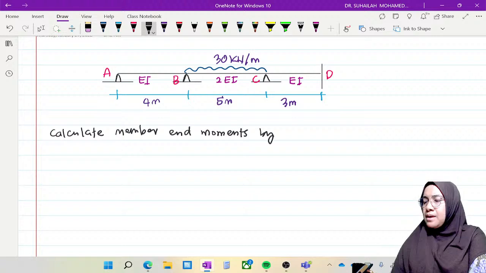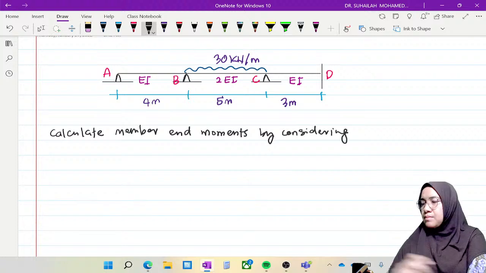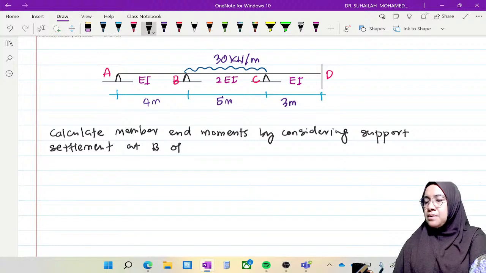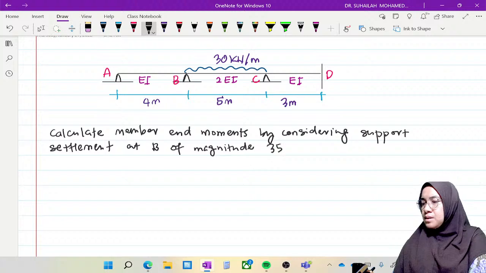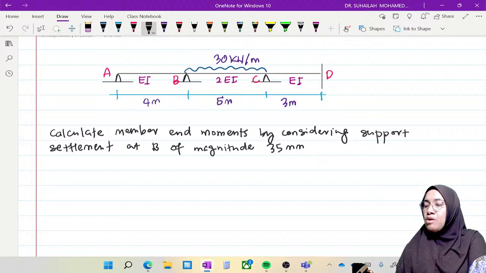Calculate member end moments by considering support settlement at B of magnitude 35 mm.